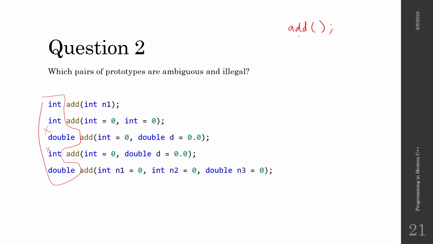Suppose I have called add without any arguments. The first one will not be called because it accepts one argument and there is no default value. So the possible candidates are second, third, fourth, and fifth. All of them have two or three default arguments, so any one of them can be called.